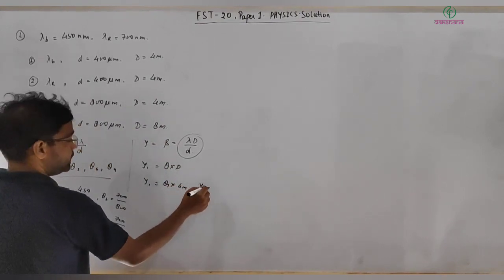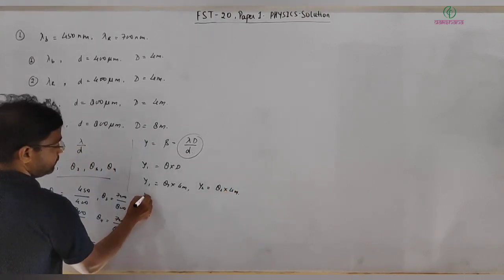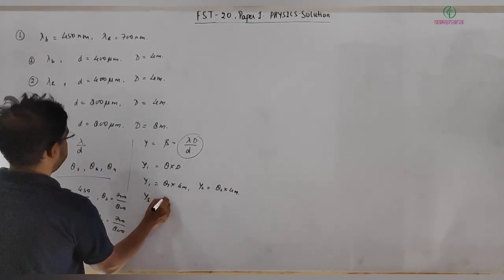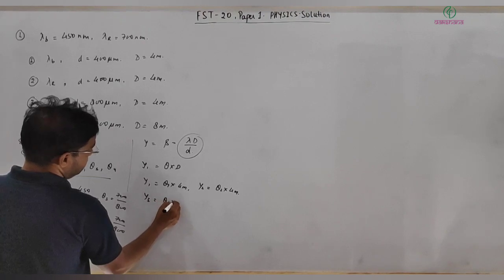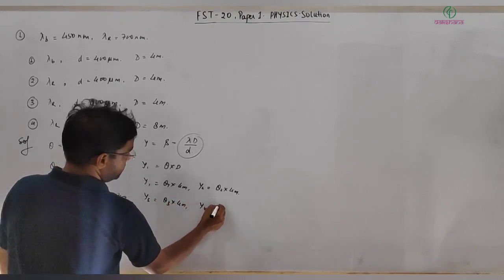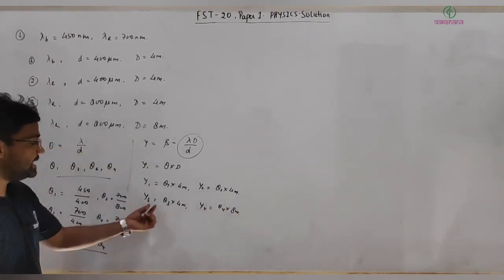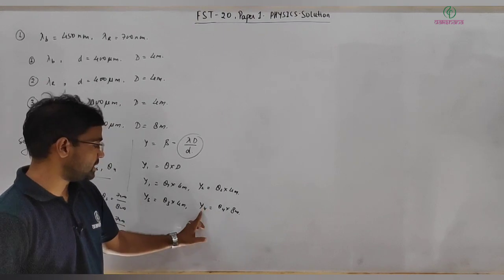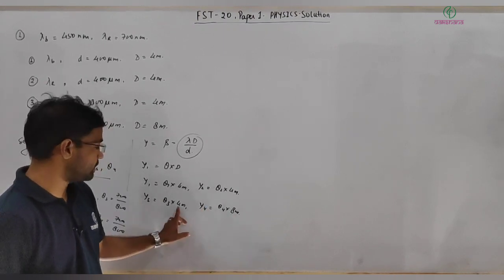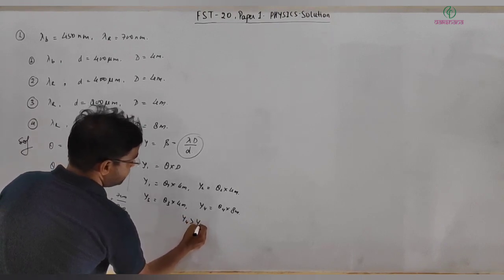Y2 is theta 2 multiplied by 4 meter, y3 is theta 3 multiplied by 4 meter, and y4 is theta 4 multiplied by 8 meter. Theta 3 and theta 4 are equal, but y4 is multiplied by 8, so definitely y4 is greater than y3.